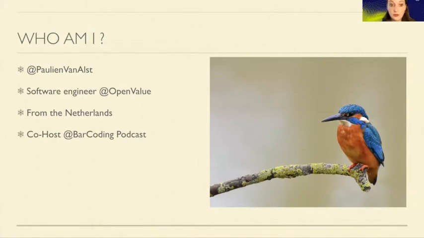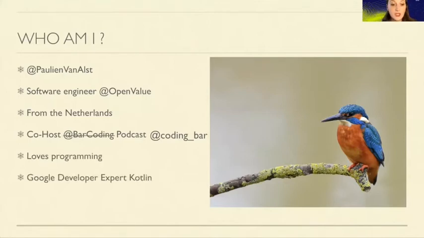You can find us on Twitter as well, confusingly on the Twitter handle coding_bar. I'm in love with programming, so I'm really happy I can do this all day long. And I'm a Google Developer Expert in Kotlin as of September this year.